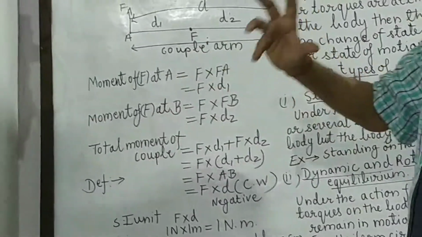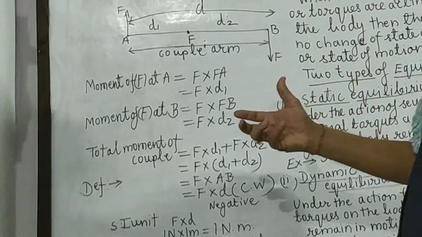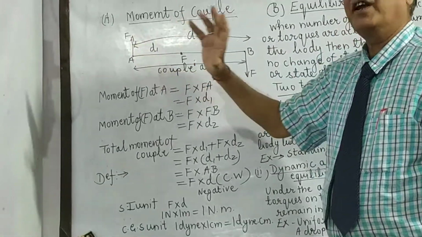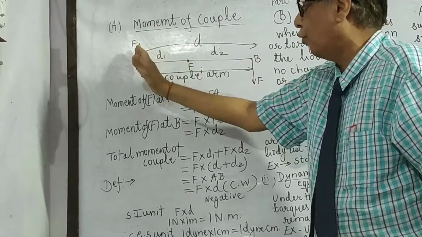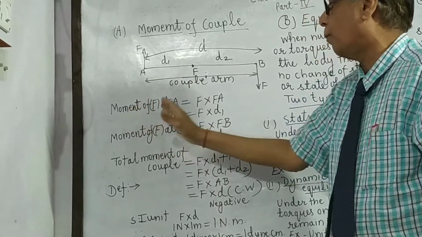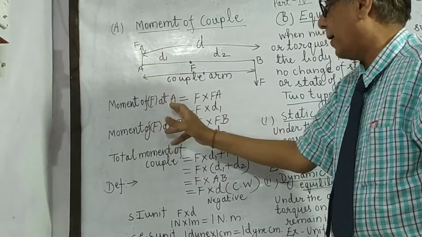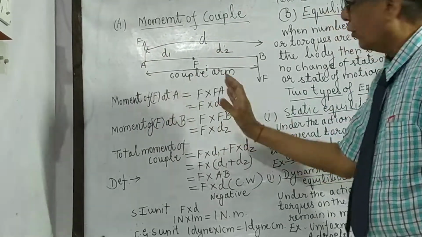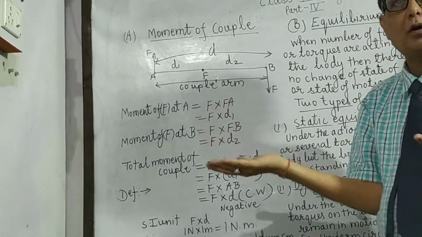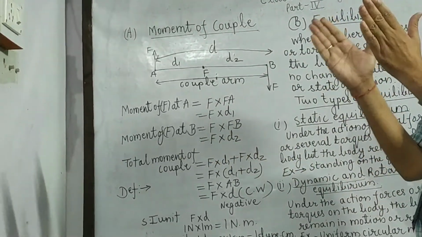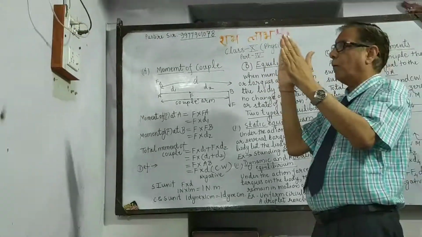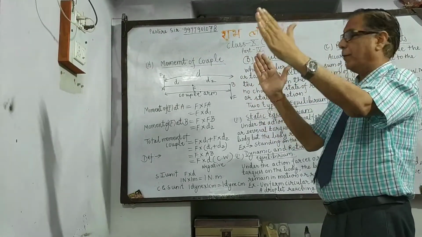Now we will calculate the turning effect of the first force, or the individual torque of the first force, which is called the moment of the first F applied at A. You will apply the same formula of torque: force multiplied by the perpendicular distance from the fulcrum to the point of application of the force.